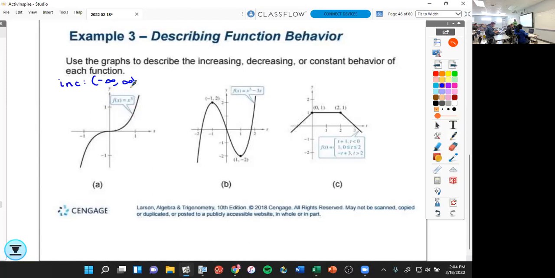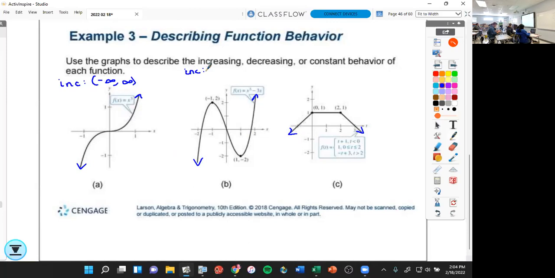Part B. Let's go ahead, for all of these graphs, assume that they go on forever. So for part B, is it ever increasing? At the very beginning. So where did it start increasing?